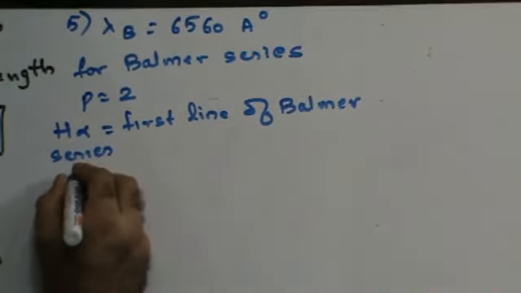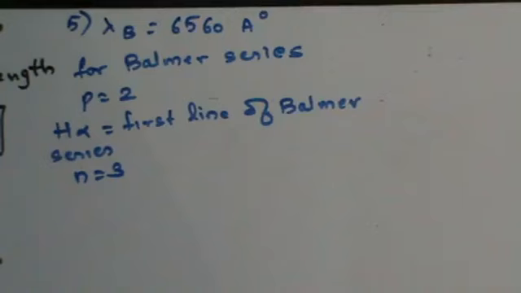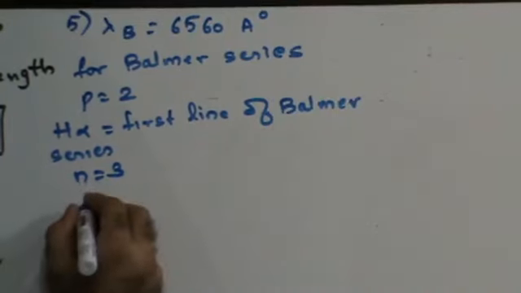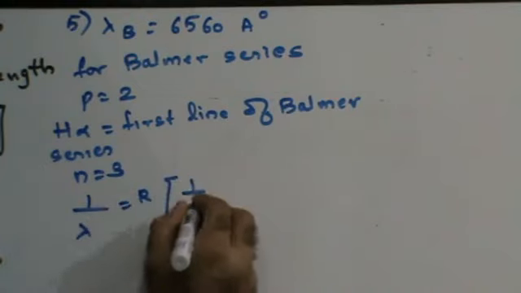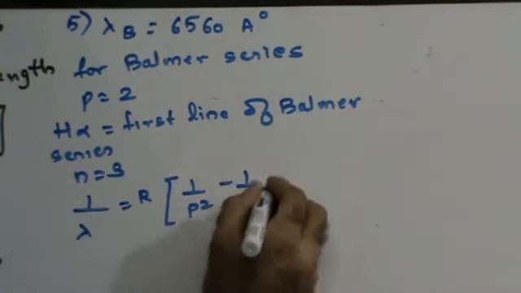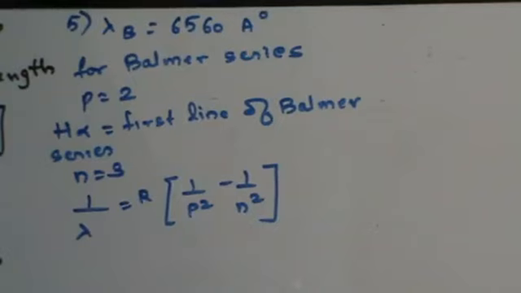If it is the first line, then n will be equal to 3. So in that case, 1 upon lambda is R times 1 upon p square minus 1 upon n square. Right? So they've given you the value of n, p, and lambda, so I'll get the value of Rydberg's constant. Okay. Now they've asked you to find out H beta.